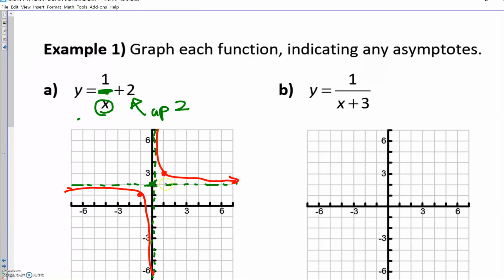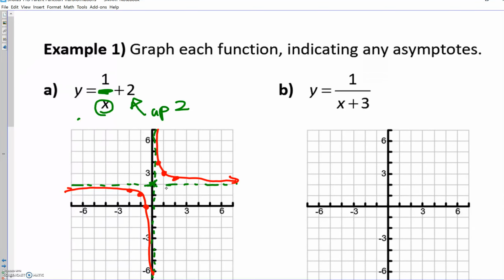So there's your 1, 1. Here's your 2, 1/2 right here, and 1/2, 2 right there. Same thing, -2, -1/2, -1/2, -2 right there. So there is our graph.